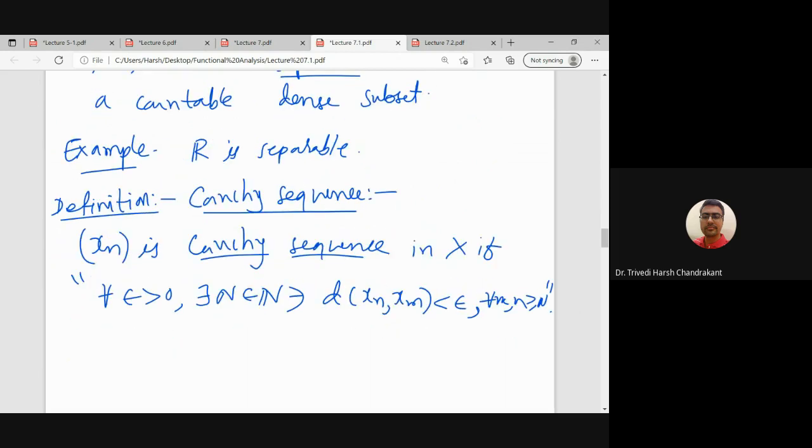Okay, and we know that every Cauchy sequence is bounded.